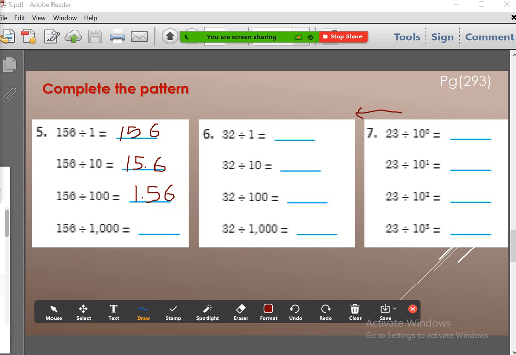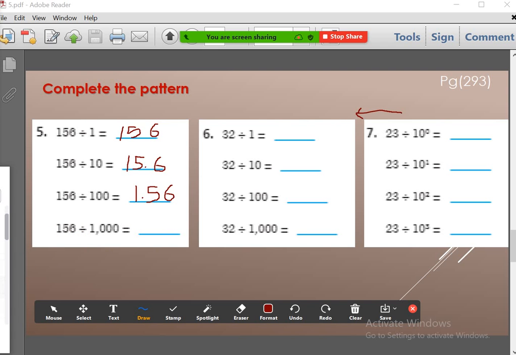What about you, Deem? Yes, Deem, open your mic and give me the answer for this one. 0.156. Very good, Deem. Thank you so much.